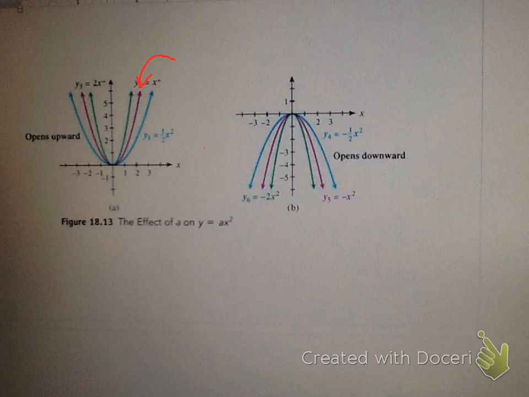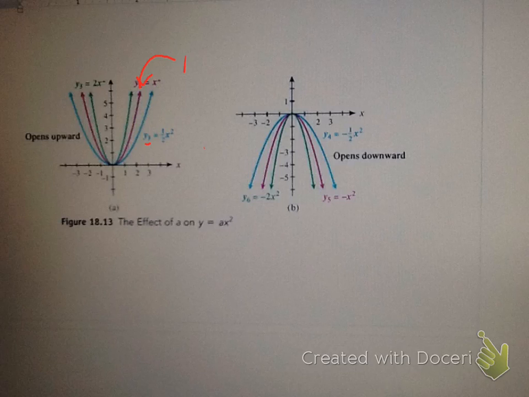Ignore the little y2. That just means the second picture. They consider the blue one the first picture, the pink one the second picture, and the green one the third. That's why the y's have these little subscript numbers next to them. But this one is the main one. That's y equals x squared.